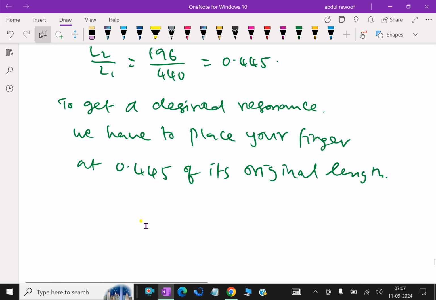That means if you keep your finger at 0.445 of its original length, we can get another resonance in between.